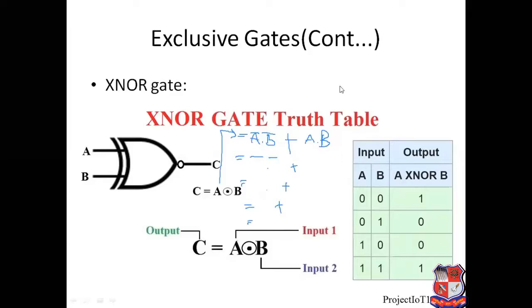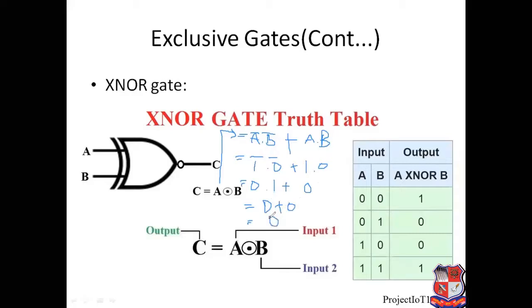So here I will put value A is 1, B is 0, same 1 dot 0. 1 bar is 0, 0 bar is 1, 1 into 0 is 0, 0 into 1 is 0, and here again 0 into 0 is 0, so 0 plus 0 is 0.